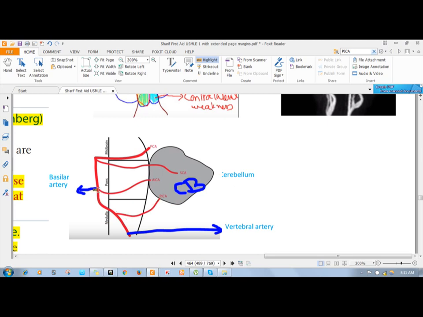Then you have another artery called AICA, the anterior inferior cerebellar artery, supplying the cerebellum but also the lateral part of the pons. Then you also have the superior cerebellar artery and the posterior cerebral artery, which I think are not that high yield.